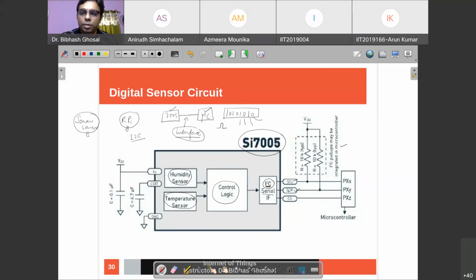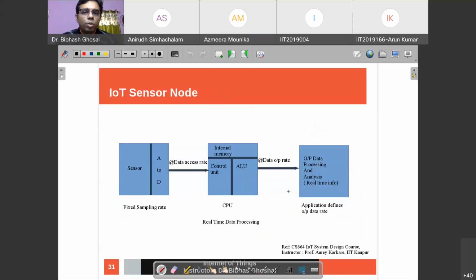Okay, we'll talk about that. So you have to keep in mind whether this sensor is allowing you or not. We already have mentioned that if you are going to use it for an IoT based system, you have to understand the sensor, what kind of a sensor you have interfaced to your computing unit. And as we told, many a times you also have to work with analog sensors.